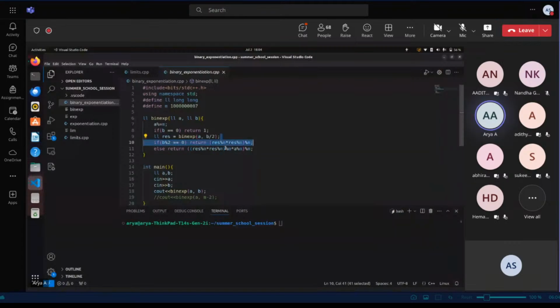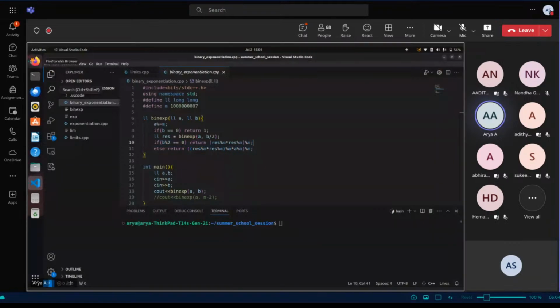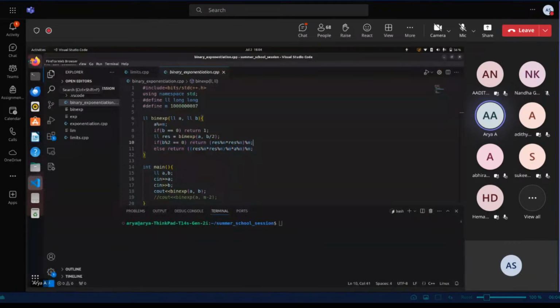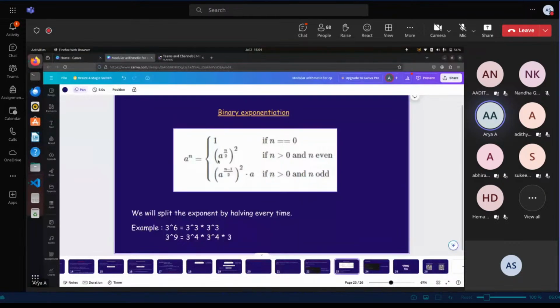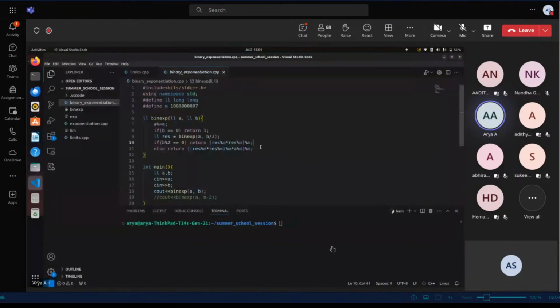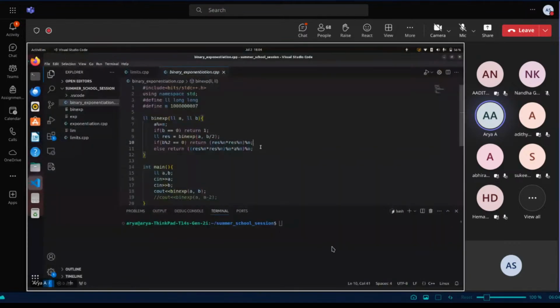So this is exactly similar to this particular part. This is the same thing. We're doing it in code, but we're taking a mod m because that's what we need. We need a power b mod m, and I am taking mod m at every term. But still I'm being consistent with the multiplication rule.